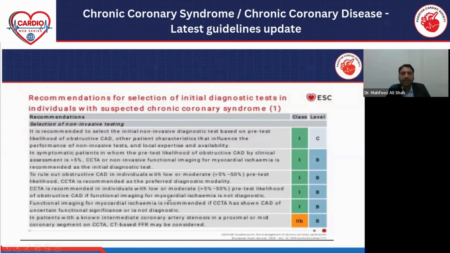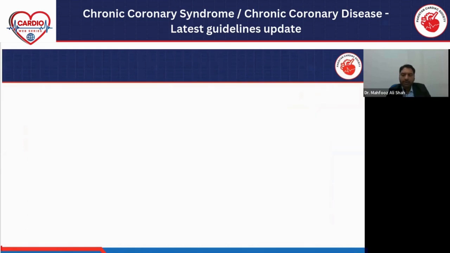Number three, patients who are low to moderate, the preferred test is also CCTA. Functional testing is advised in those patients who are categorized as moderate to higher pretest likelihood of coronary disease.